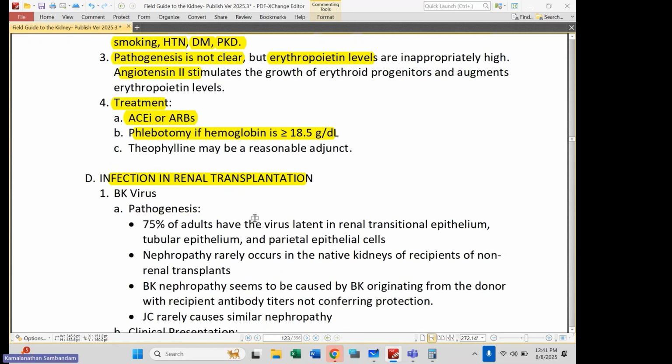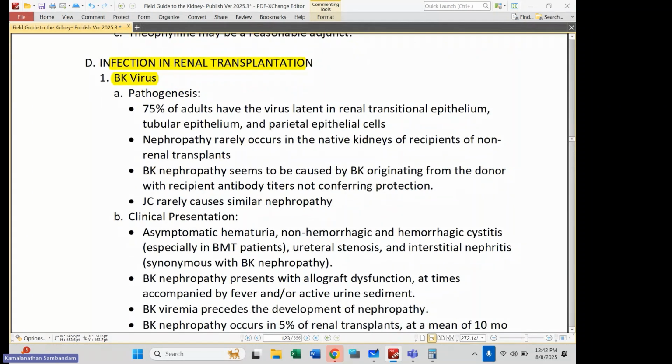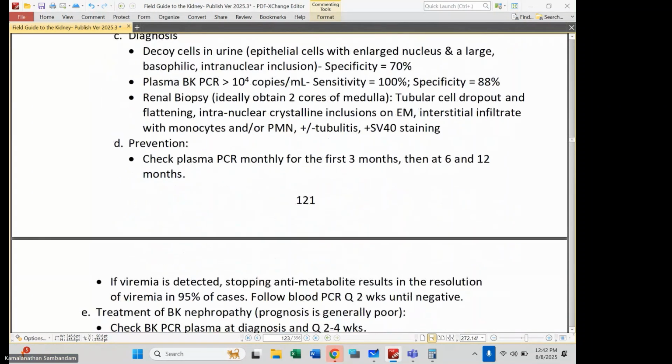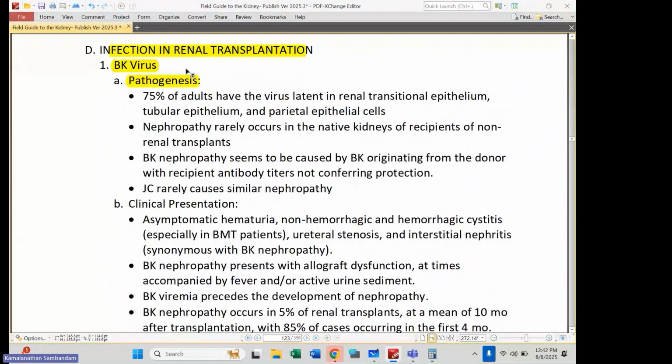All right, so moving on to infection, which is a big topic. We'll conquer BK quickly. I think quickly, maybe not so quickly. So a couple of things to know. BK virus in renal transplant, the bad virus seems to come from the allograft, okay?